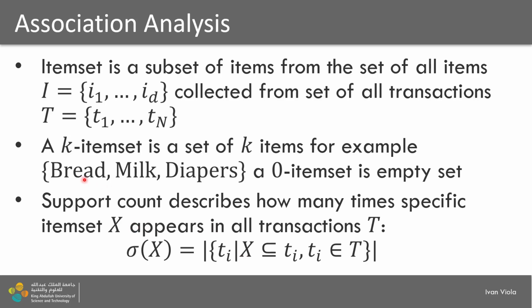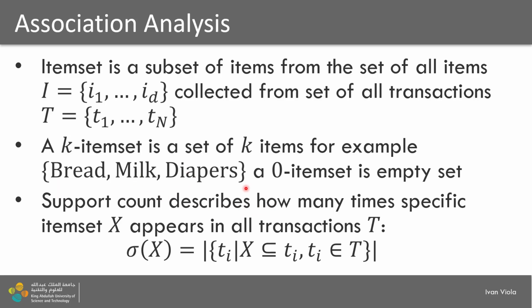Not just one of these elements, but for this 3-item set, the transaction would need to contain all these 3 elements. It means that if it contains all these 3 elements, it will also contain a 2-item set of milk and diapers, diapers and bread, or bread and milk. And it will also contain therefore the 1-item sets of bread, milk and diapers.